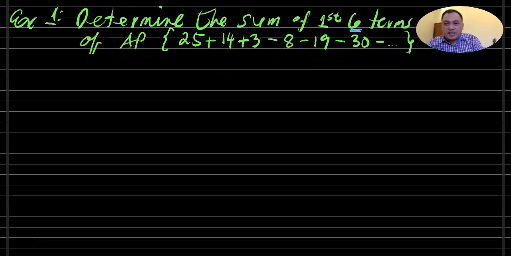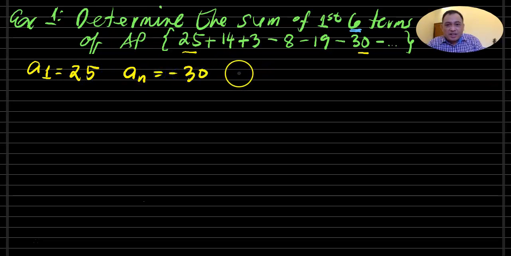First, I can see that I have my first term and my last term. So let me list that. My a1 is 25 and my a sub n is negative 30, and the number of terms is 6. Therefore our n is 6.